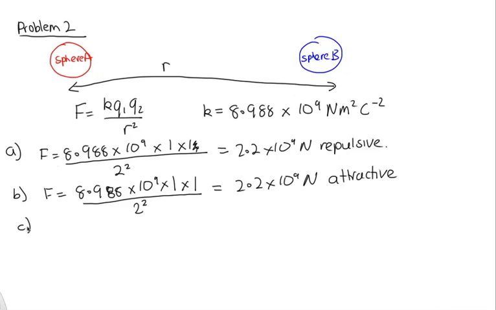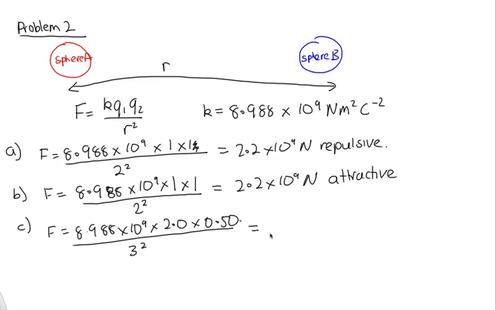Part C. Sphere A now has a charge of minus 2 coulombs. So once again, we're substituting in F is equal to 8.988 times 10 to the 9 times the charge on A, which is the 2 coulombs, times the charge on B, which is half a coulomb, over the distance between them, squared, which is 3 meters squared.